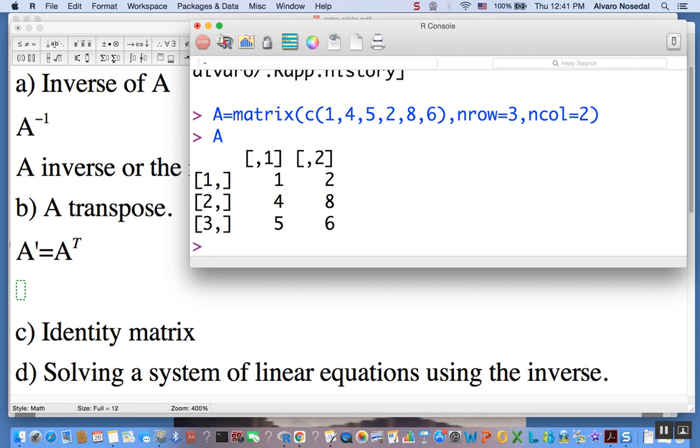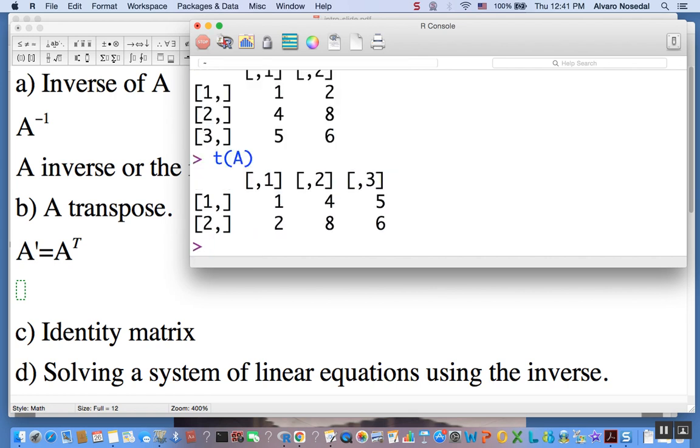So if you want to find the transpose of matrix A using R, all you have to do is type t, brackets, and then the matrix of interest. There you are.